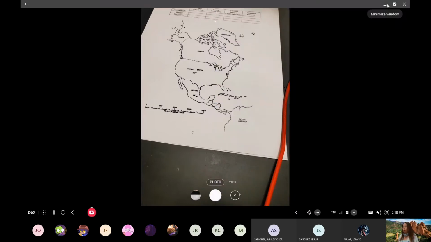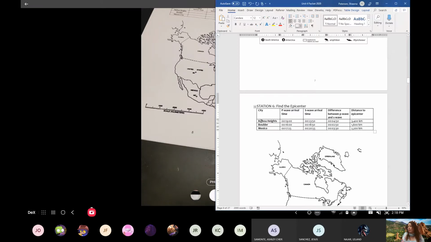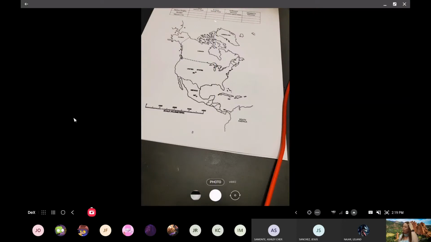All right, so I meant to leave that up. Oops, sorry. So the first one we want to look at is Balboa Heights, and we need to draw something with a radius of 3,400 kilometers.